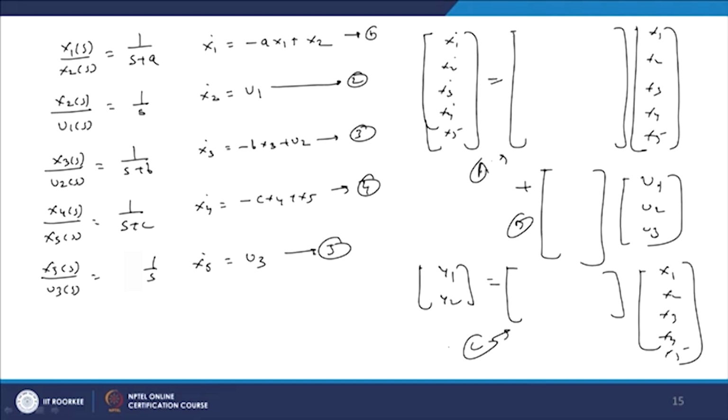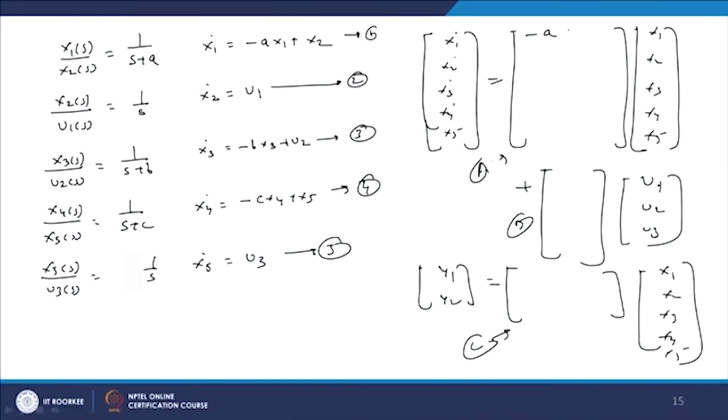Here x1 dot equals minus a1 x1 plus x2. So, we get the elements of only x1 and x2. So, we write minus a1, and there are 5 variables, so 5 elements, that is 3 additional elements 0 0 0. Then x2 dot equals u1, so there are no terms corresponding to x2 dot.